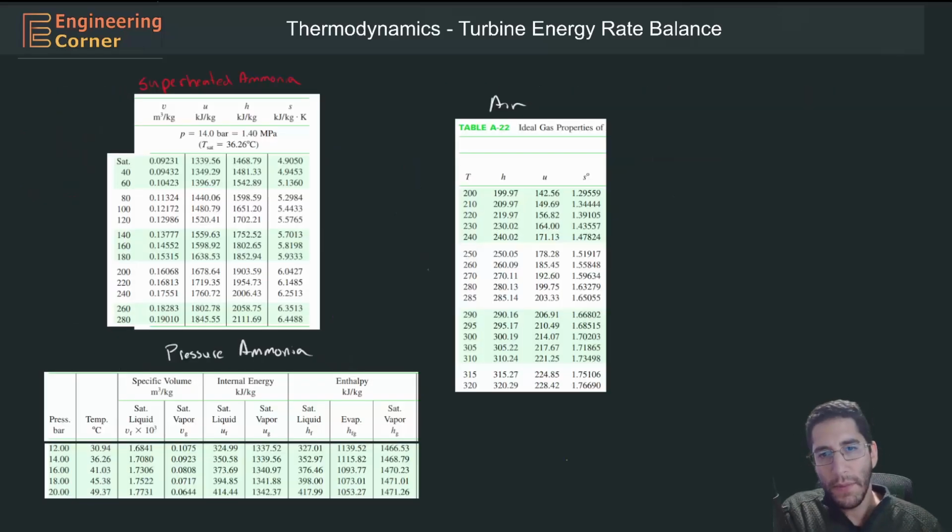Here's my air table. I was using table A22, and we just have to find the temperatures we're working with: 290 Kelvin and 315 Kelvin. Our enthalpy is just the corresponding entry, and we can make note of those two.